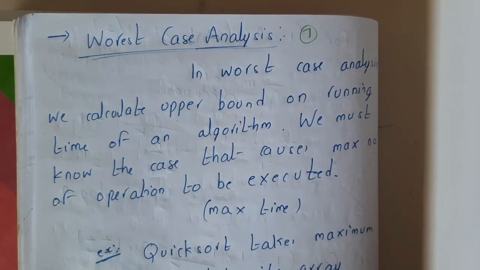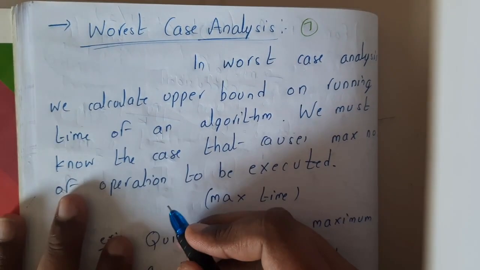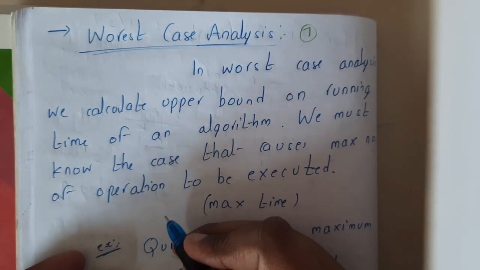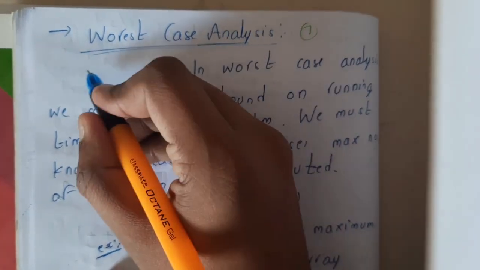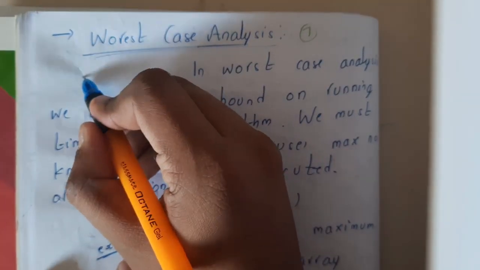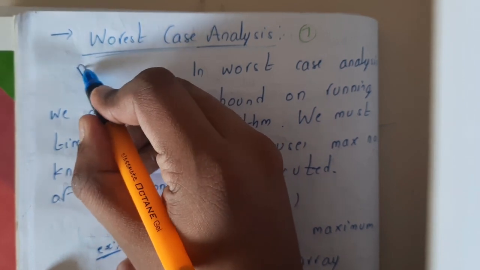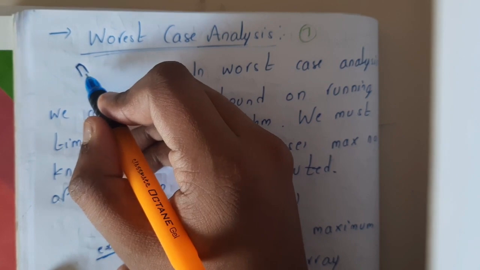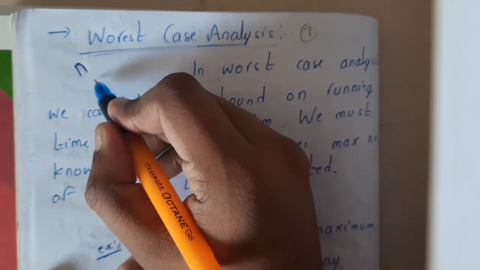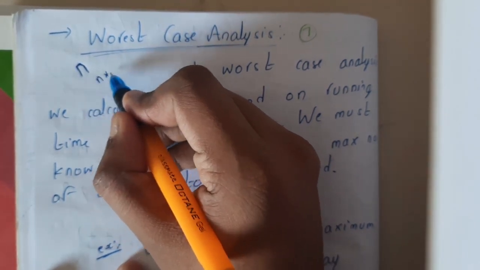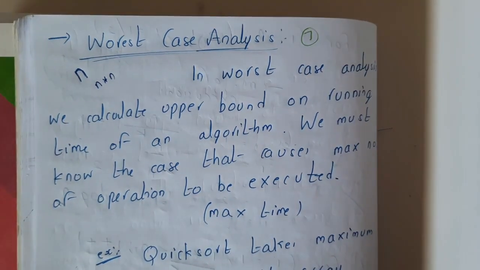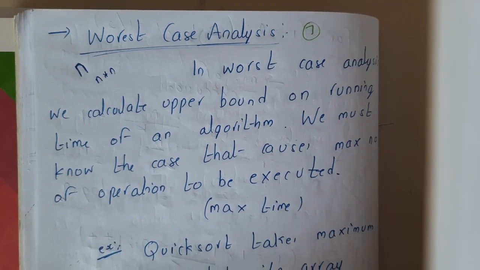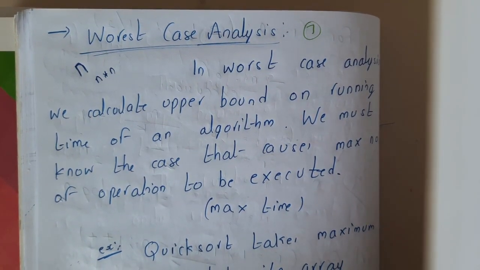Everyone knows what is meant by worst case in analysis. When an algorithm is running, it may take n steps for most values, but for some values it will take n times n steps. I told you, it is nothing but the frequency count which we will be using in time complexity.